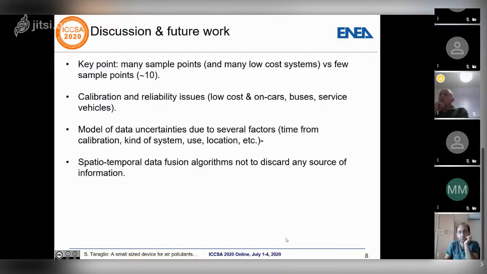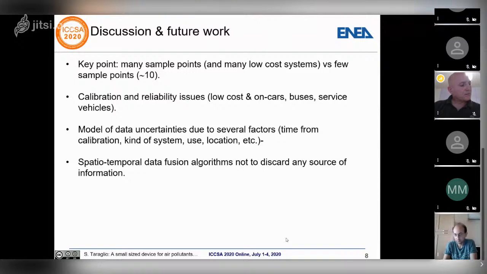If you manage sensors deployed on public vehicles such as buses, you can plan, for instance, a regular maintenance and calibration of the sensors. If you rely on sensors owned by private citizens and installed on private cars, of course, you have to deal with reliability and calibration issues that you cannot properly control.